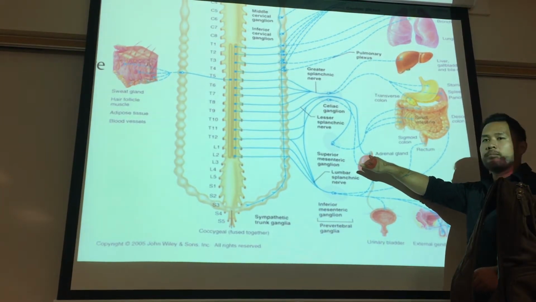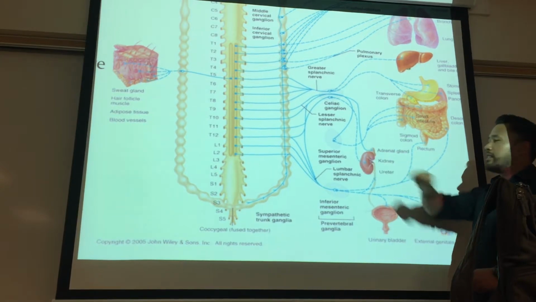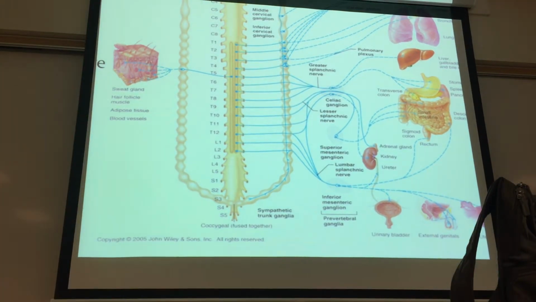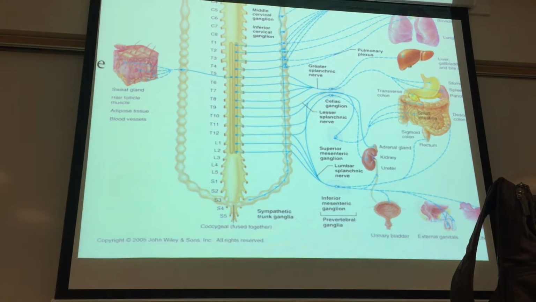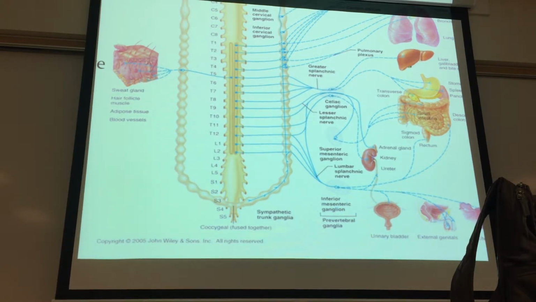It's inside the adrenals. So they're modified postganglion neurons that are of endocrine functions. They're secreting neurotransmitters, but these neurotransmitters are going to be going into the circulatory system, which will make much more sense when we talk about the neurotransmitters later on.